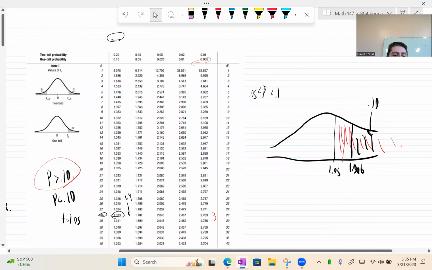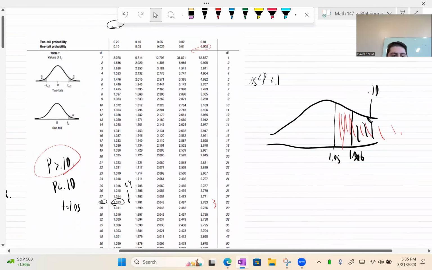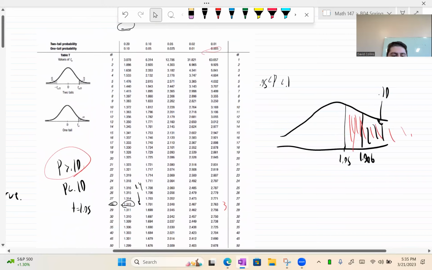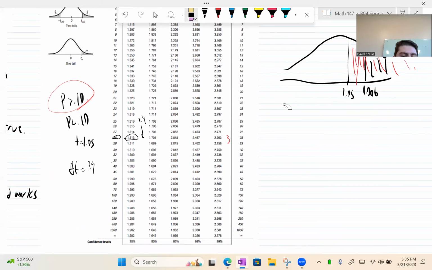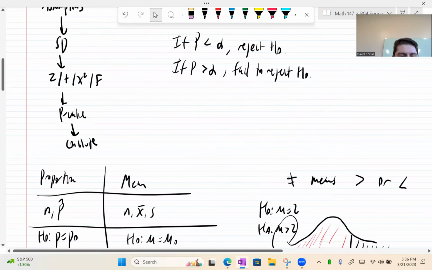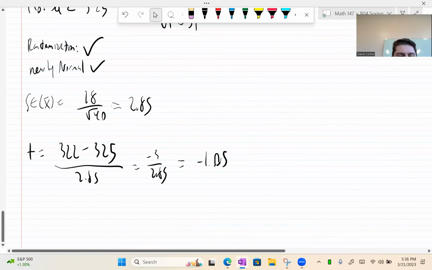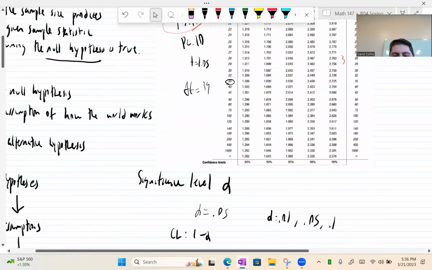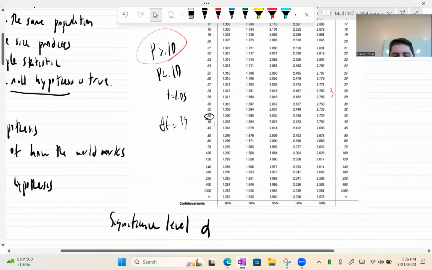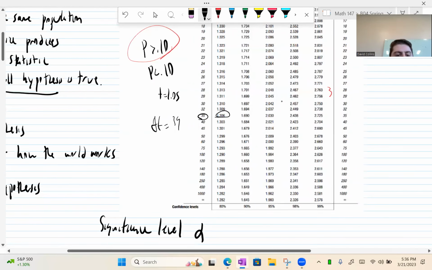Let me quickly go over what you did. I went to the table. We have degrees of freedom 39. You go to the 35 row. You have 1.306, right?